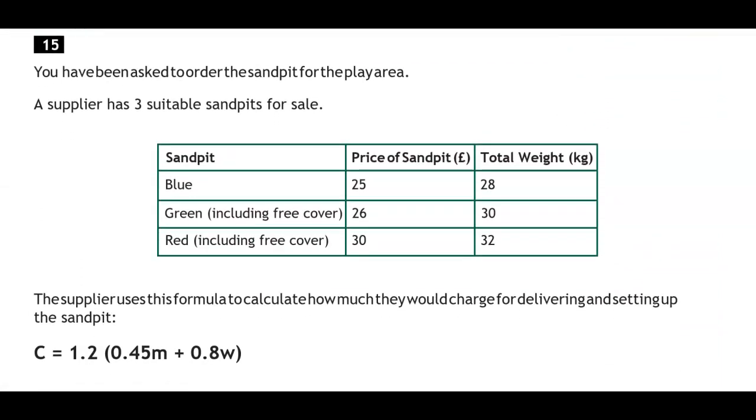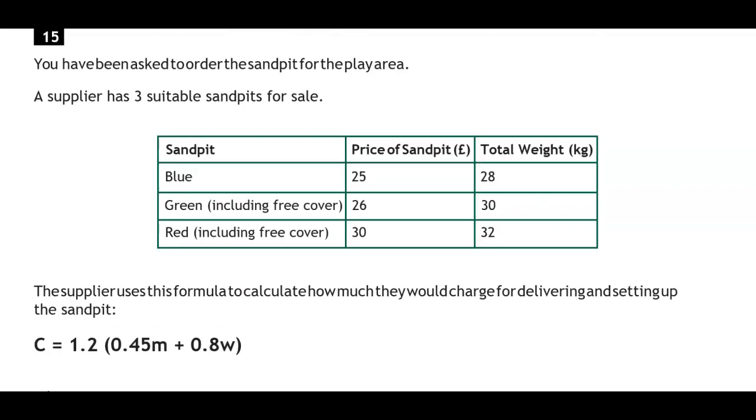You've been asked to order the sandpit for the play area. A supplier has 3 suitable sandpits for sale. We've got blue, green, and red, different prices, and the total weight is given as well. The supplier uses this formula to calculate how much they would charge for delivering and setting up the sandpit.